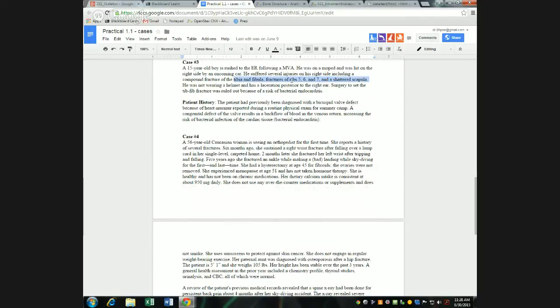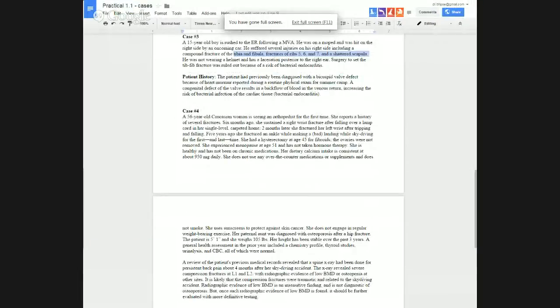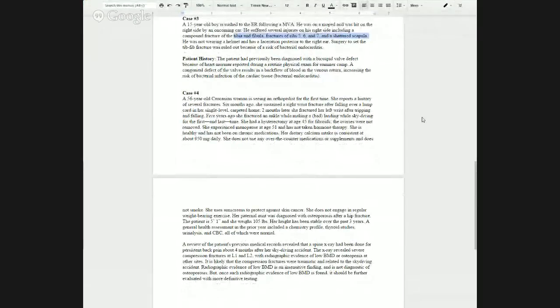Maybe I can get the rest of this on the screen. There. So that's all of case 4. I can highlight one thing at a time. So that's the stuff from case 3. But if you don't have access to the internet with a device, I'll leave this up on the screen. You can read it off of here and find the bones that are mentioned specifically.